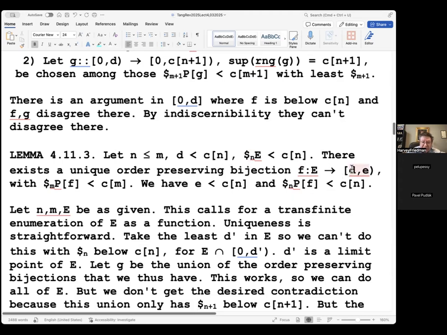For technical reasons, I think that's useful. And you want to make sure the bijection actually can be constructed. And actually, you can get the length to be less than C of n for any one fixed set E. And also, the actual function itself is constructed, you see.